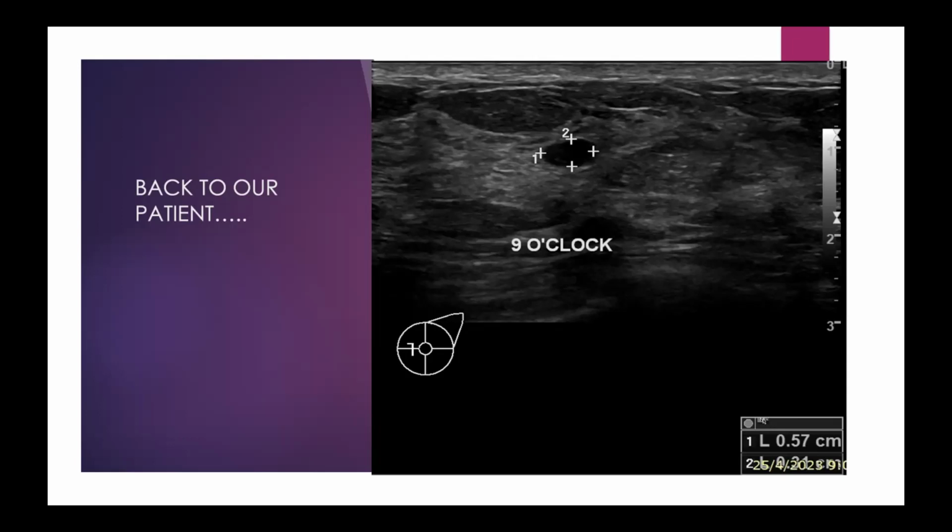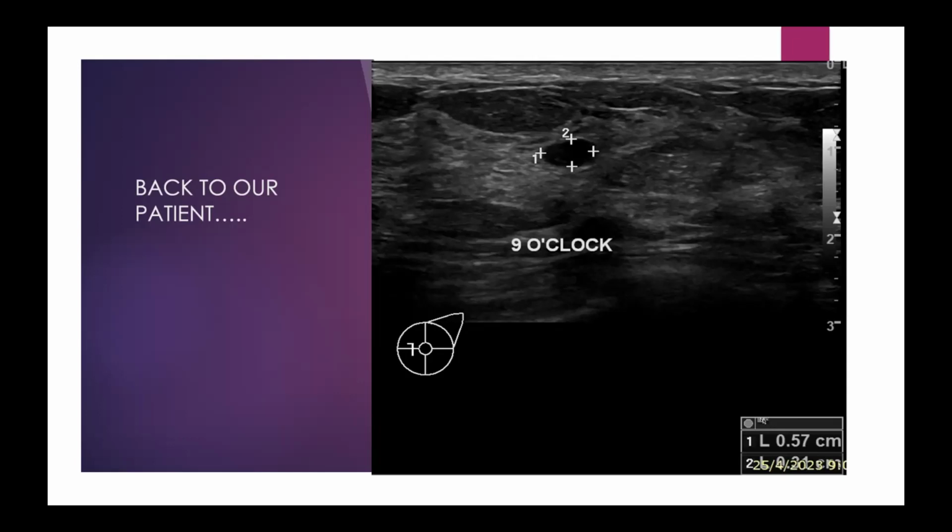Okay, what would look like this? If the patient is a BRCA carrier, do you think the imaging could look like this? What type of tumor can look like this? Probably medullary type of cancer, because sometimes it can appear as a cyst.